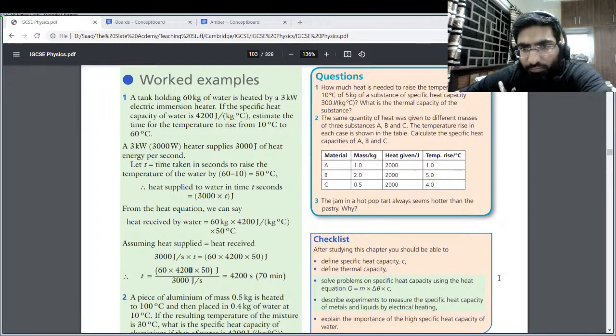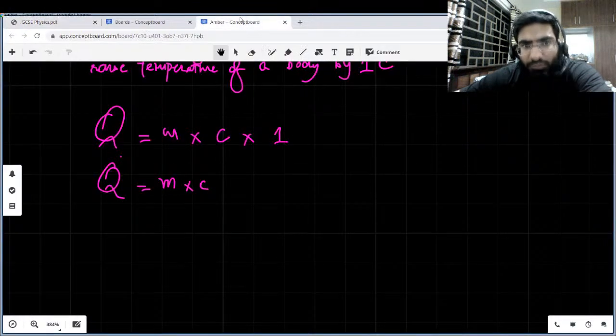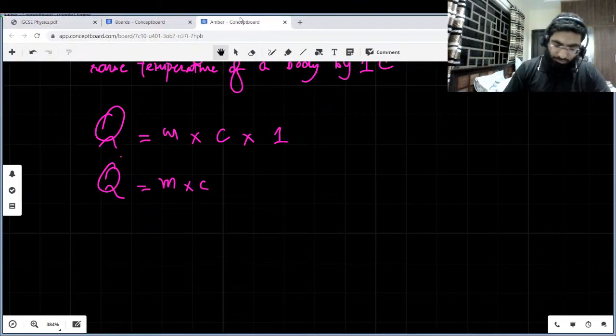So the formula was MC delta T. Yes. What quantity do you have to calculate in this question 2? Joules. Kilojoules. No, let's see. Joules and kilojoules are units.